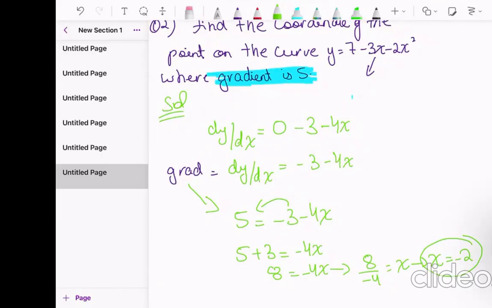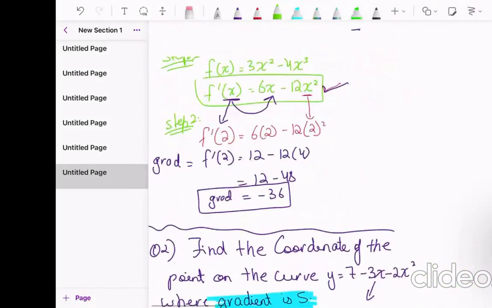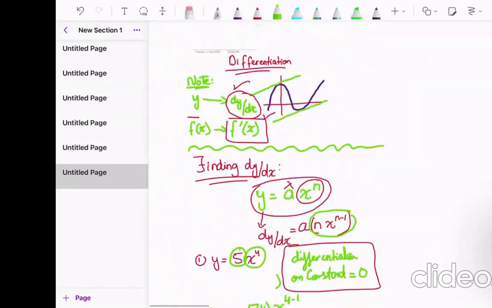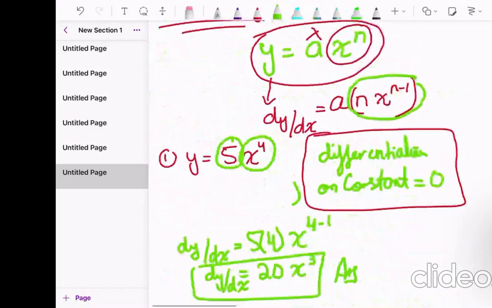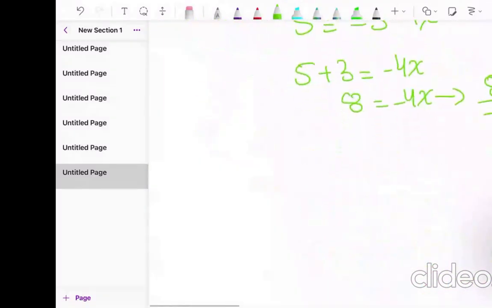I don't understand what the question is trying to say. Find the coordinate on the point of the curve. I don't get it. Okay. The question is find the coordinate of the point on the curve. So in this part we have to find out the coordinate. You can see that this is basically a point, and we need to find the value of x.